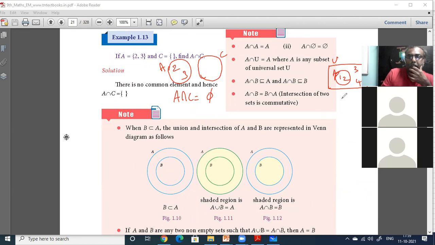No. In the union set is 1, 2, 3, 4. Correct? That is the union. A set is 1, 2. What is common? 1 and 2. So this entire area A is A intersection union.